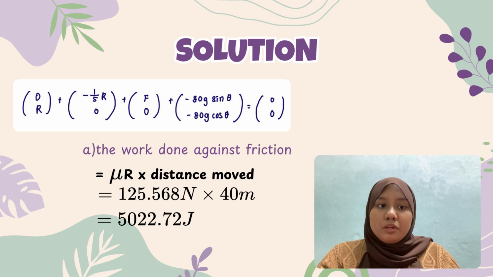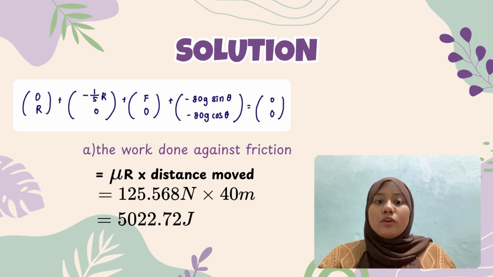We use the formula work equals mu R times distance moved. From the previous slide, we already found that mu R equals 125.568 Newton and the object moved a distance of 40 meters based on the question.